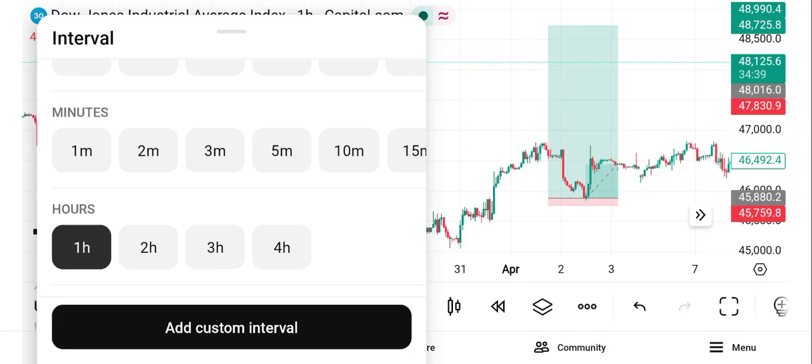So let me give you a step-by-step breakdown on how to carry out your analysis. When you open your chart, the first thing to do is to know the direction of the market, which is directional bias. Please don't forget this. Directional bias is the first thing that you will do when you want to start your analysis.